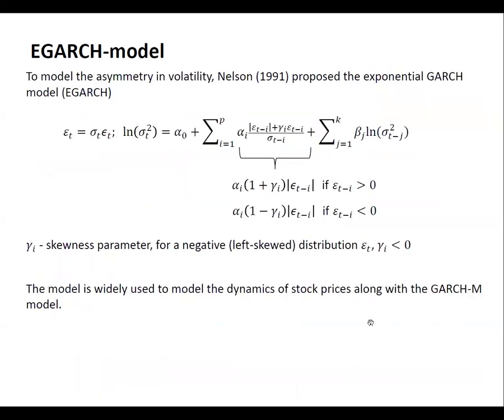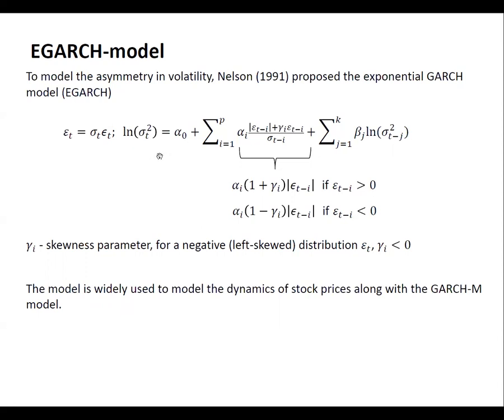The next alternative to the GARCH model is called the exponential GARCH model, or EGARCH model. And it allows modeling asymmetries in volatility. Let's look at the specification of this model. Similarly, ARMA residuals are written as the standard deviation times the standardized error. And to model the standard deviation, such a regression is used.